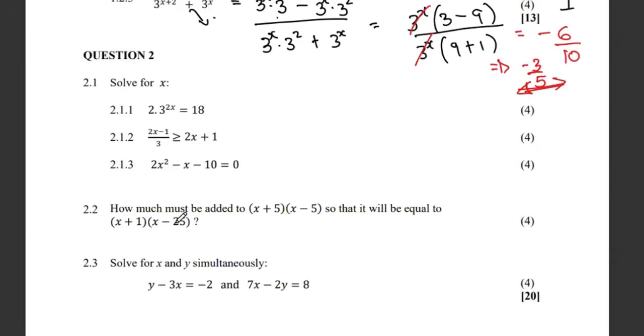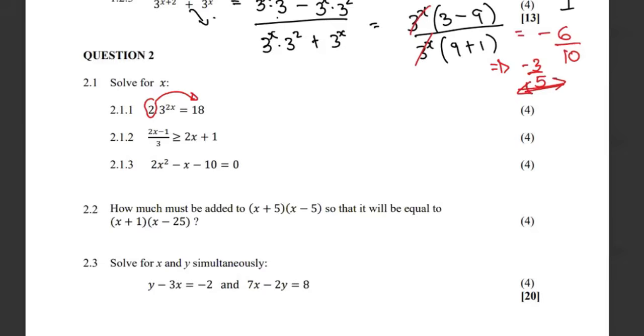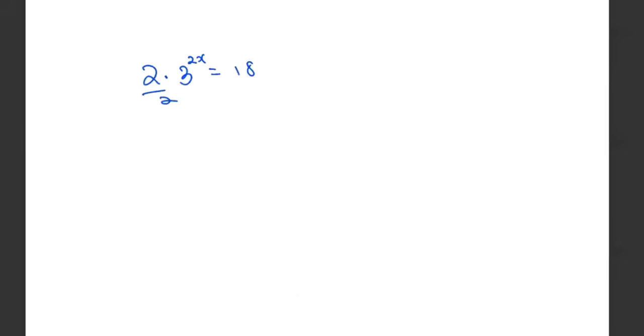Okay, then question 2, which is the equations. So this equation is exponential. So with exponential, we need to get rid of this number, move it to that side. So I'll say that 2 times 3 to the 2x is equal to 18. Is that the question? Yes. So divide both sides by 2, meaning that 3 to the 2x is equal to 9.